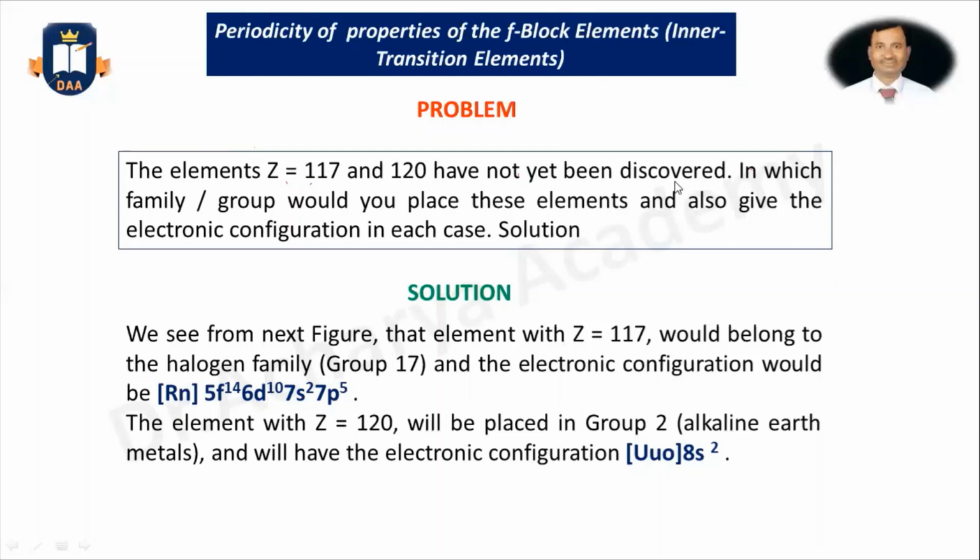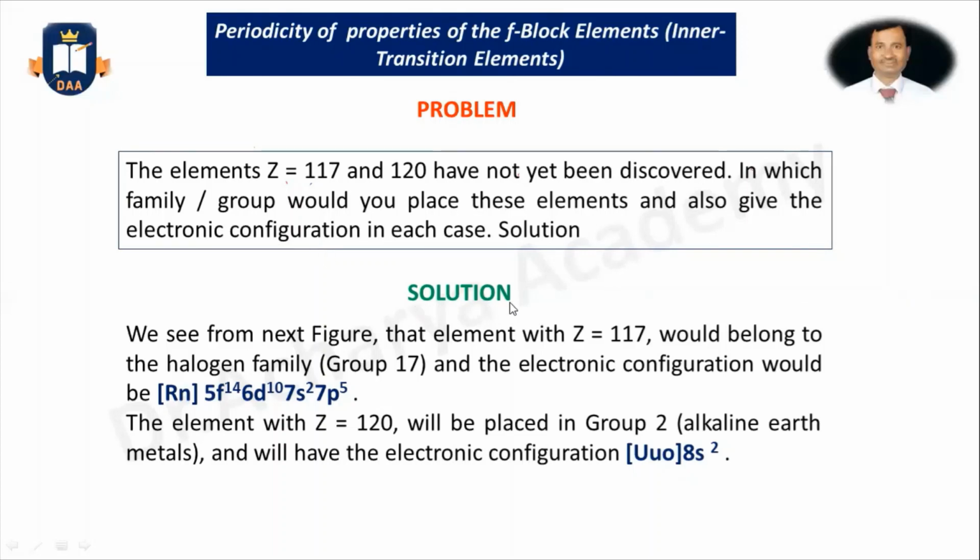But from prediction, we have to place them in their group or family, and also calculate the electronic configuration in each case, for atomic number 117 as well as for atomic number 120.